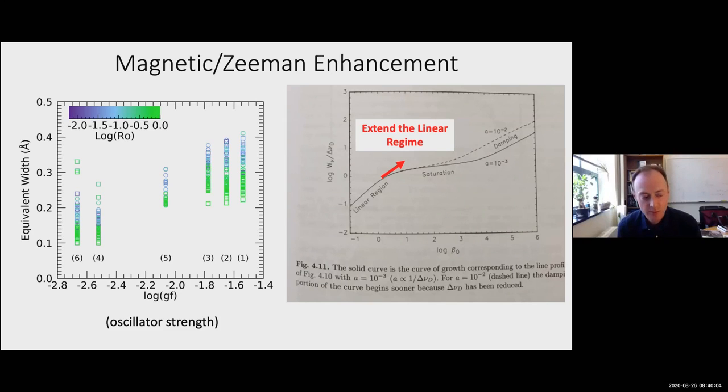Yeah. So when Jim asked that question, I'll admit my first thought was, well, if you increase the opacities of these handful of titanium lines, you're not going to change the Rosseland mean opacity of the photosphere. It's just a handful of lines. But suppose that by adding magnetic fields, you Zeeman broaden something like water vapor lines. Now, I haven't done any experiments on this, but let's suppose you broaden the water vapor lines and basically lift the saturated regime for all of the water vapor lines in a star.